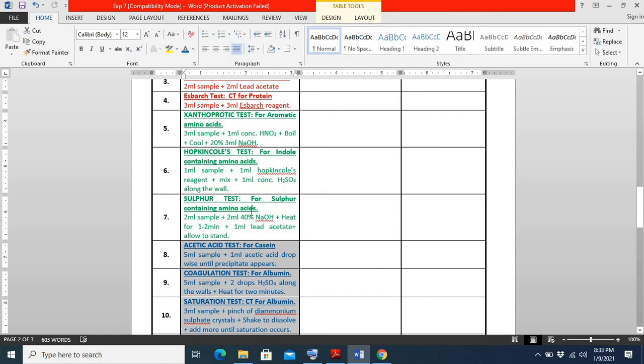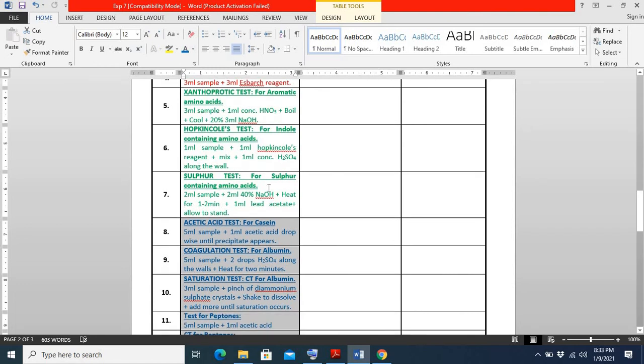We are keen to know what type or class of amino acid is present in the protein. Why? Because the type of amino acid corresponds to the class of protein.